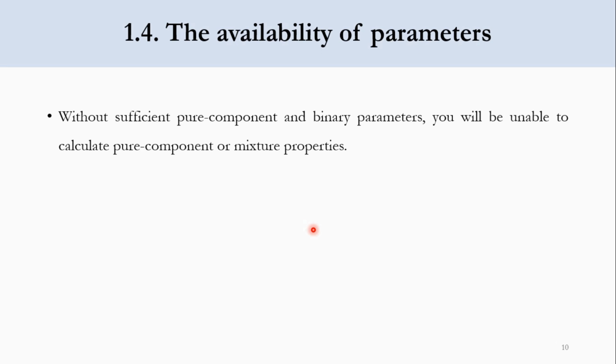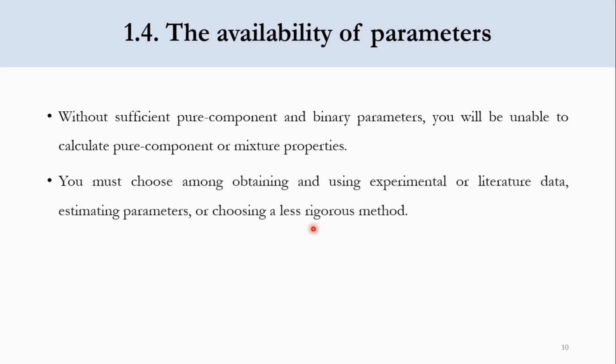Talking about the fourth one, the availability of parameters. Without sufficient pure component and binary parameters, it is very hard to calculate the pure component or mixture properties. So you have to obtain and use experimental or literature data, or estimate the properties, or choose a less rigorous method, but you have to make sure that all your parameters are available when you are doing a simulation.